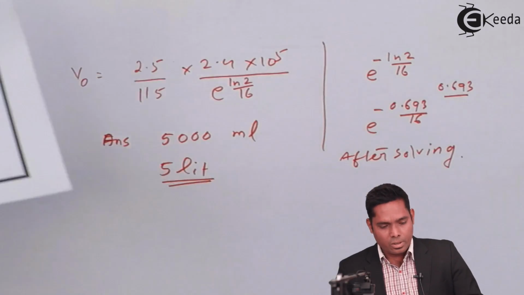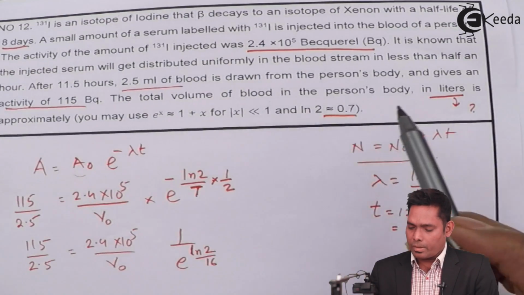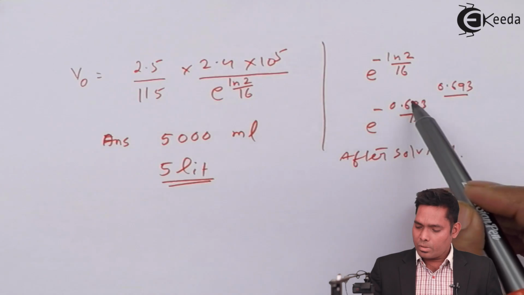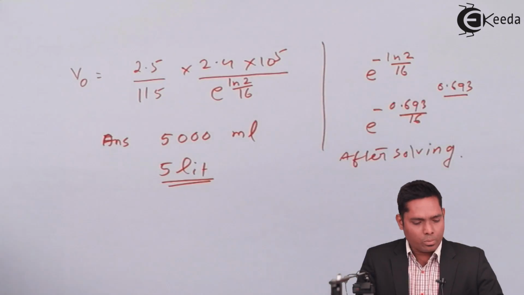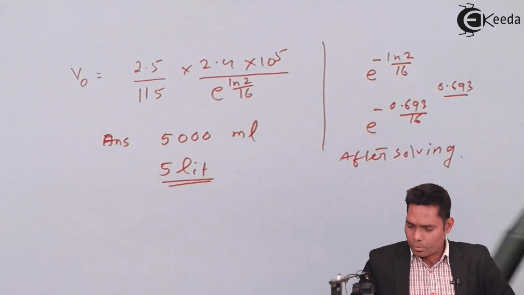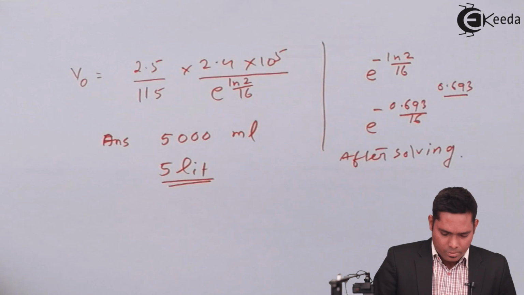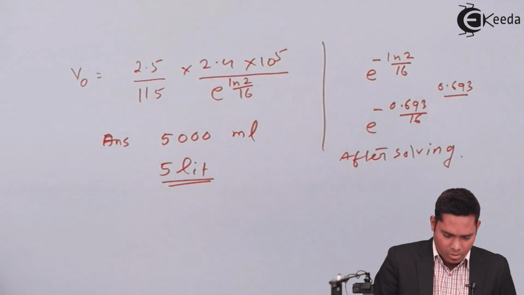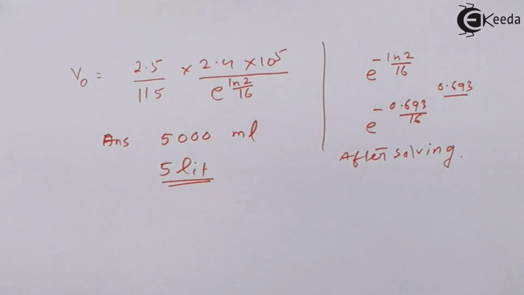He has taken log 2 as 0.7, so you can take 0.7 divided by 16. How much does that come to? That comes out to be about 0.04.